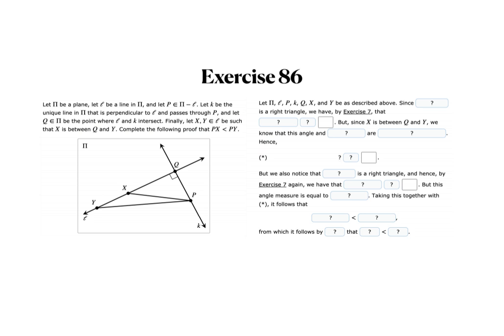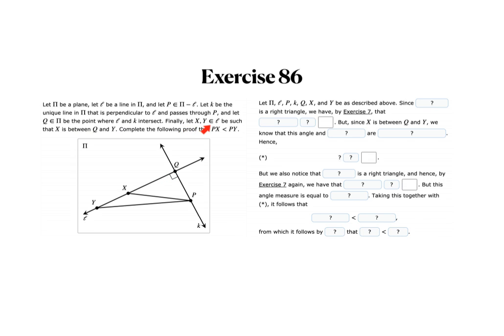I would like you to do exercise 86. In this exercise, we're going to let pi be a plane and L be a line in pi, and we're going to let P be an element of the plane that is not on the line like shown here. We're going to let K be the unique line in pi that is perpendicular to L and passes through P here, and let Q be a point in the plane where L and K intersect here.